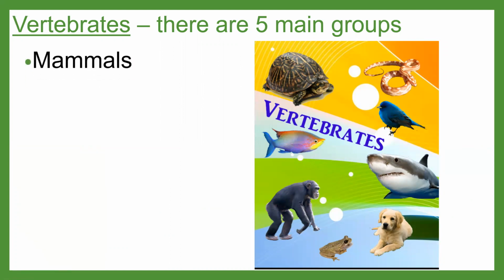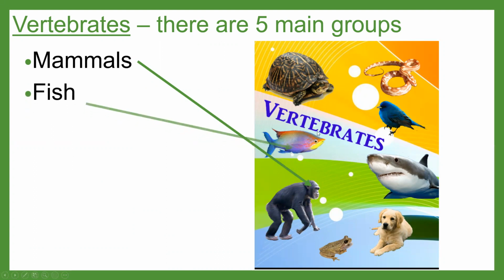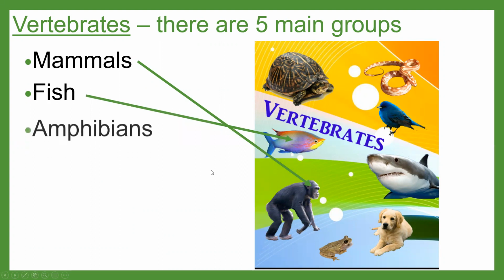First, we have mammals. My example here is a chimpanzee. Then we have fish, and you can see I've got some fish on my poster. Then we have amphibians.